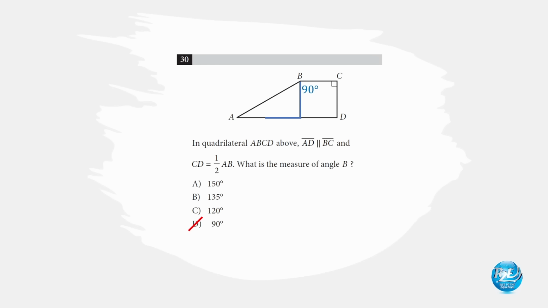You would agree that if we connect those two sides, we form a 45, 45, 90 right triangle, right? Well, that means angle B is now at least 90 plus 45 degrees, or at least 135 degrees, but from the diagram, we can tell it's clearly more than that. So, cross out C and B and pick A. The answer is 150 degrees.